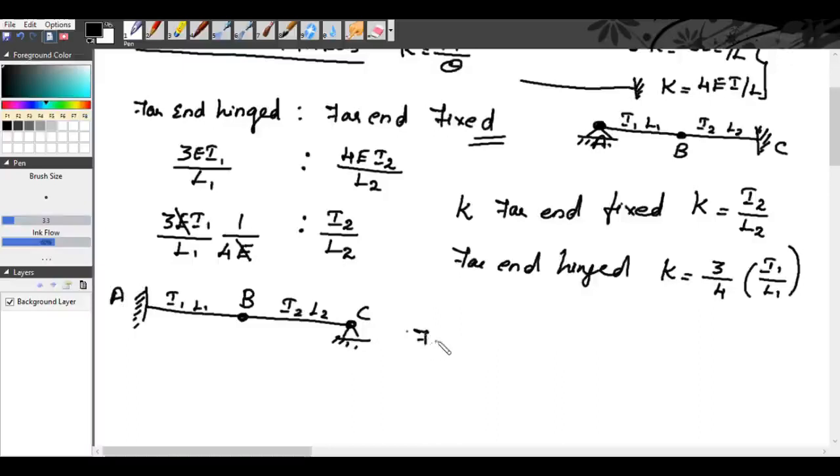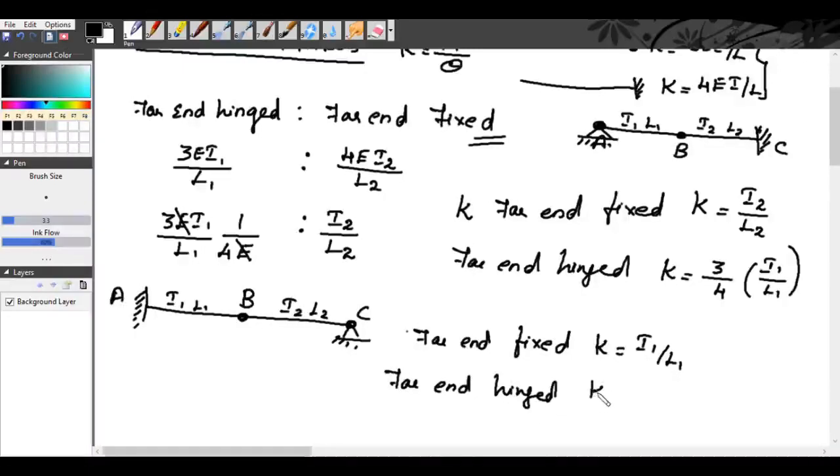For the far end fixed, K will be equal to I1 by L1, and for the far end hinged, K will be equal to 3 by 4 into I2 by L2. This is called relative stiffness: the far end hinged is related with respect to the far end fixed. With this, we have to move on to the problems.